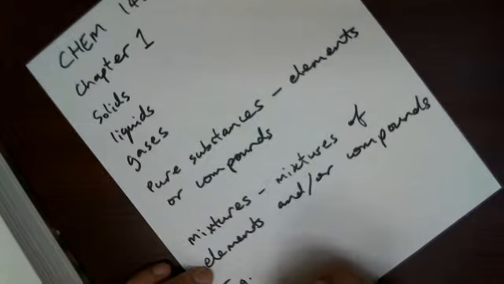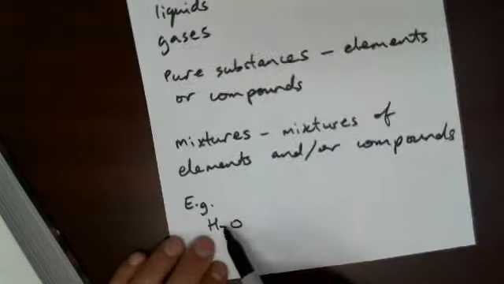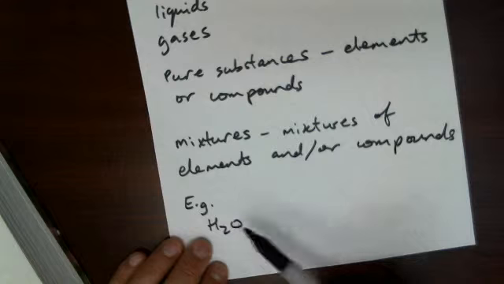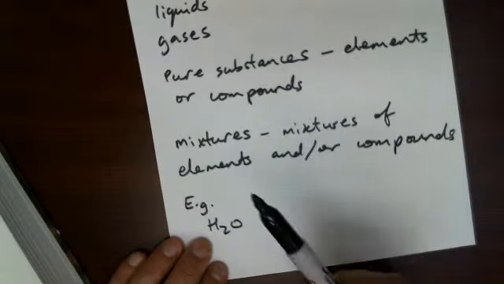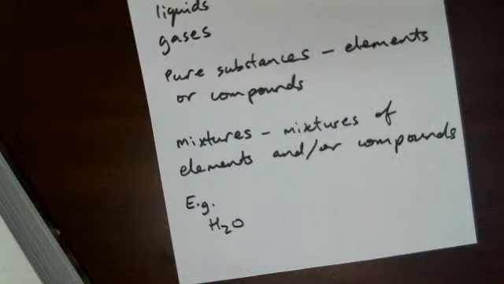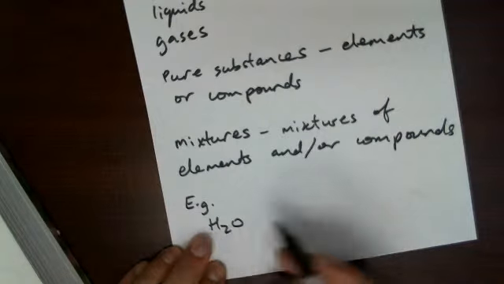like say water. Hopefully some of you know that water has a chemical structure of H2O, which is 2 hydrogens for every oxygen. This is actually a compound, because a compound is one or more elements put together, and hydrogen is an element, and oxygen is an element.